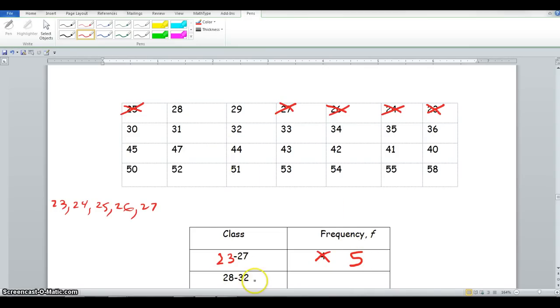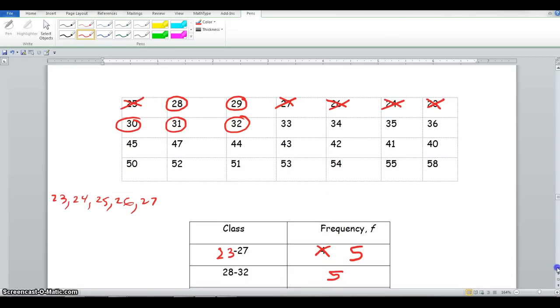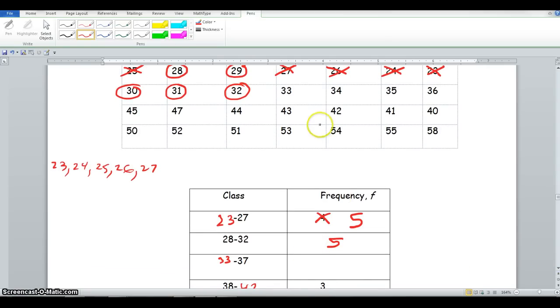Now we go here to 28 to 32. I'm going to use something different. I'm going to circle all the numbers that are in between 28 and 32. Okay, so we have 5. Now we have 33 through 37. With 33 through 37, I'll just put a little dash by it.